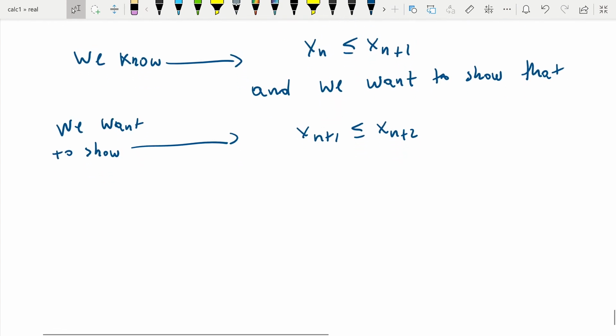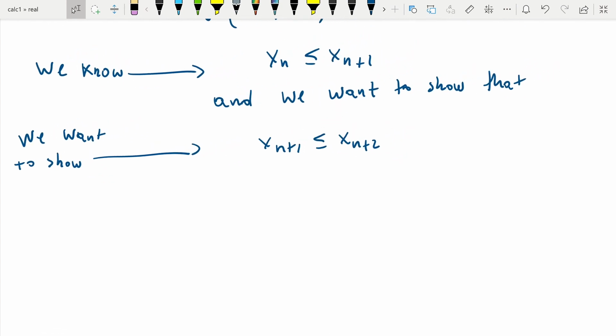But, in fact, this is true because x of n plus 1, by definition, is 1/2 of x of n plus 1.